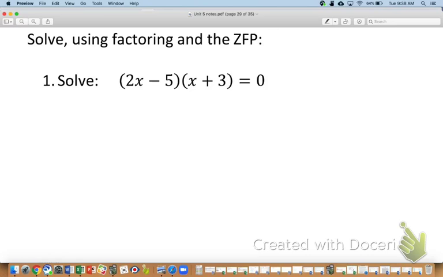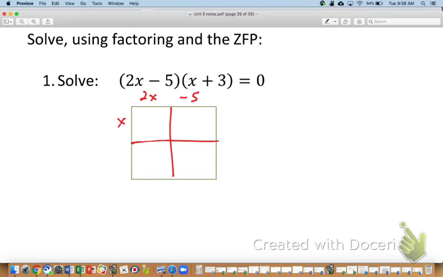In your head, you said, oh, look, it's a binomial times a binomial. I know what to do with that. Here we go. 2x minus 5. So let me describe this person that did this. The person that did this knows a lot about algebra.